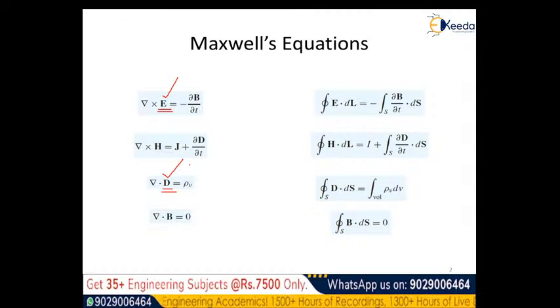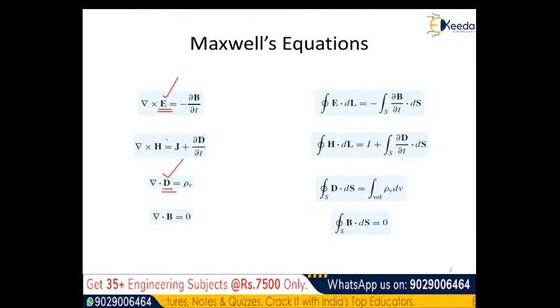The number of electric flux lines with respect to a certain surface area of a plane is nothing but the electric flux density, denoted by capital D.